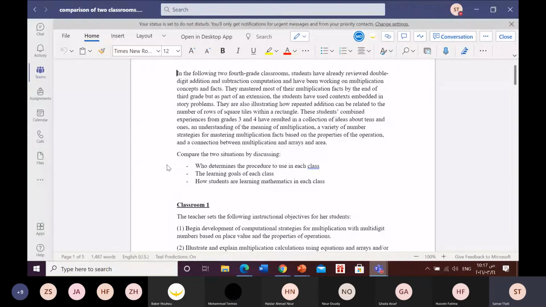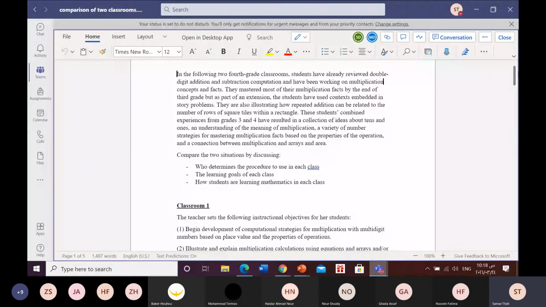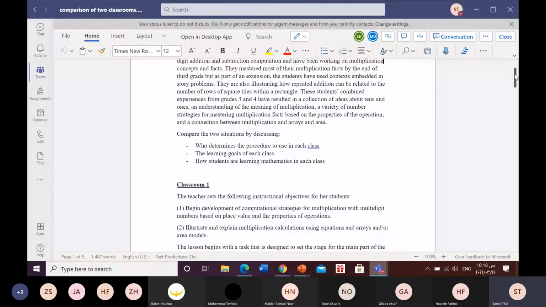So this whole paragraph is telling me that students have mastered all the needed knowledge about multiplication as repeated addition, as the area model, and they know the properties of multiplication. Now they want to learn multiplication of 2-digit numbers in the coming hour.